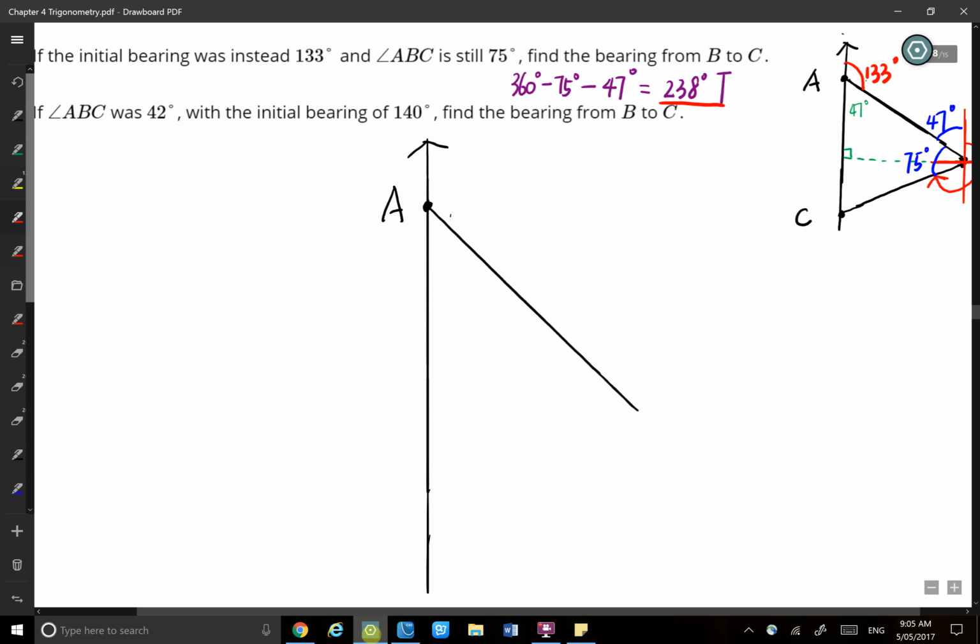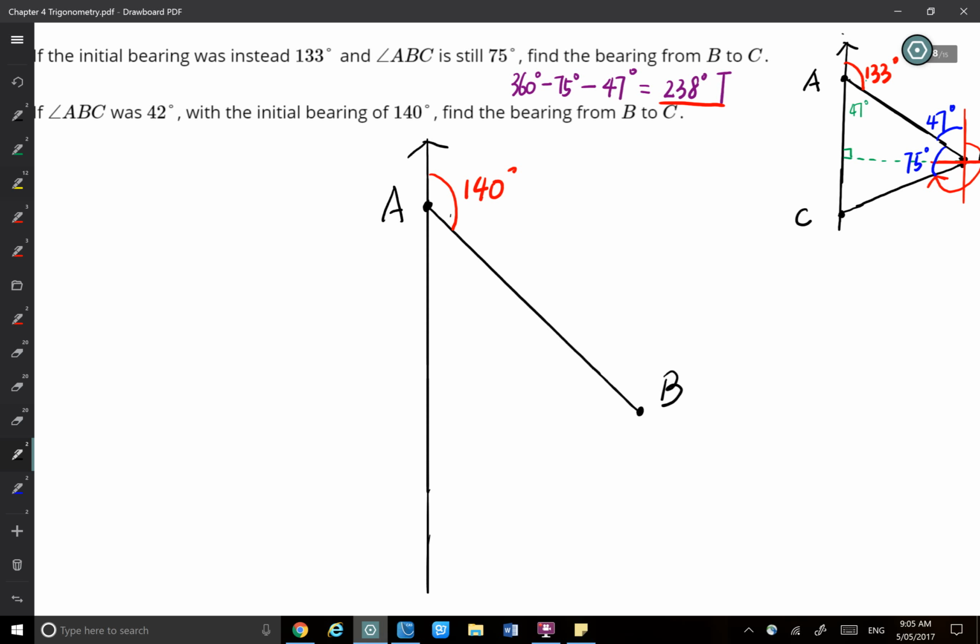Here is 140, and then I reach the point B. And then we have ABC is 42 degrees.